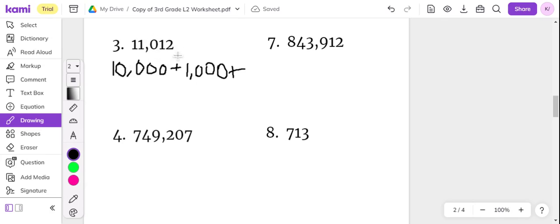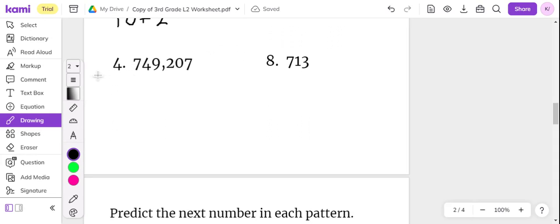So we skip to the tens place, which is 1, so we put a 10, and then plus 2 because of the ones digit. So once we add 10,000 plus 1,000, which is 11,000, plus 10 is 11,010, plus 2 is 11,012, which is what we have right here.